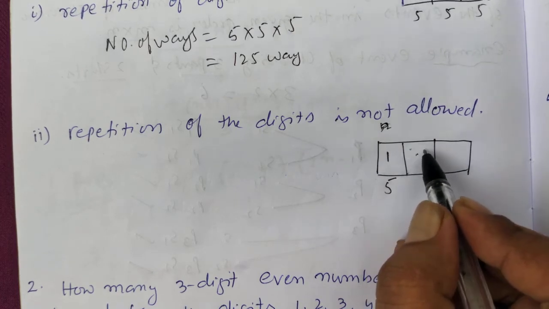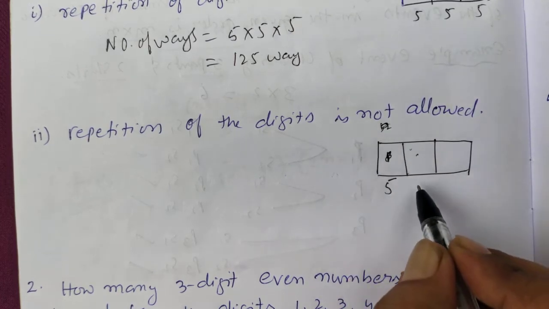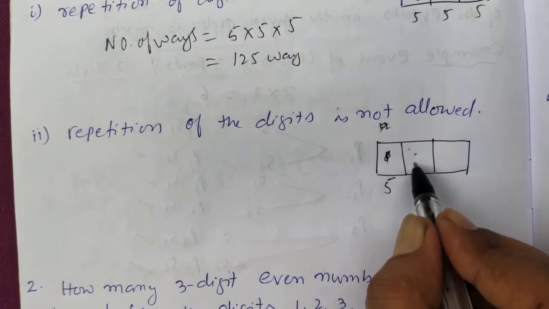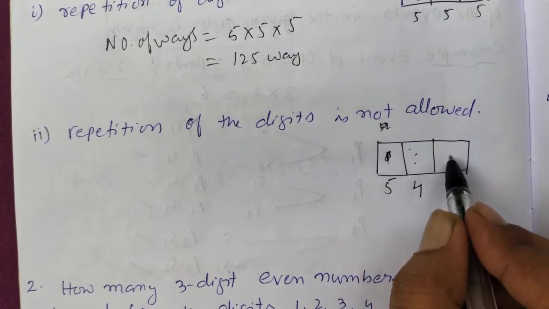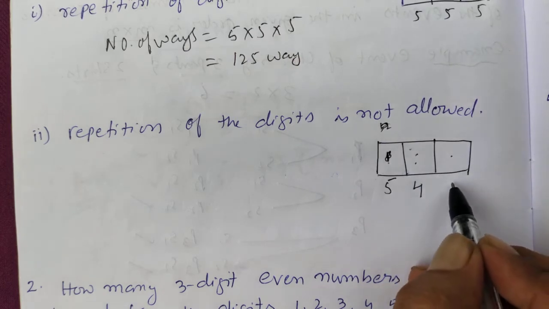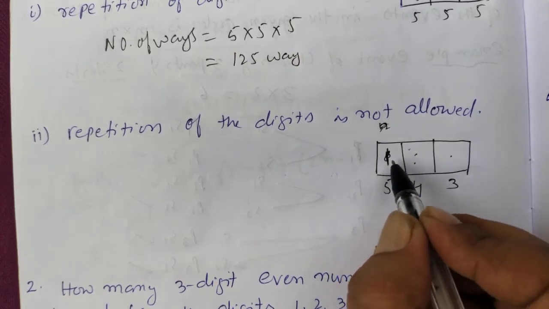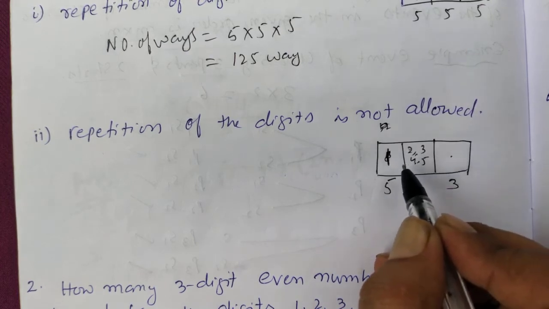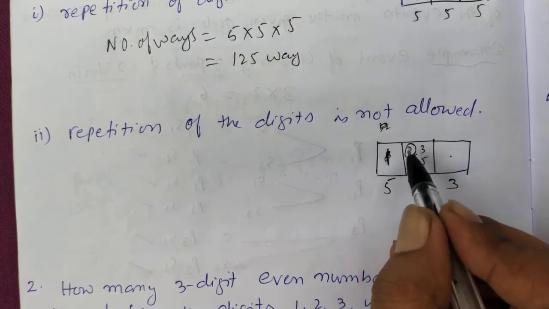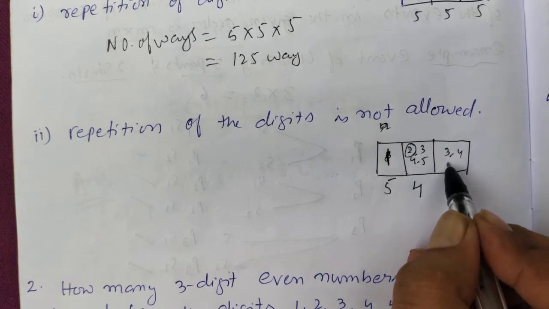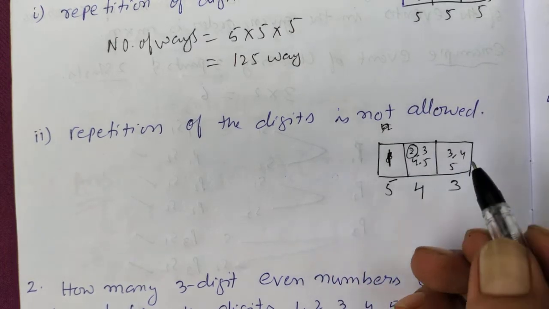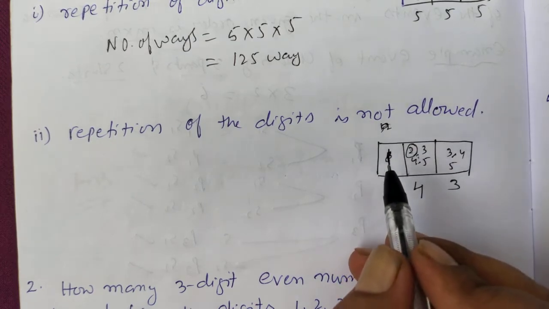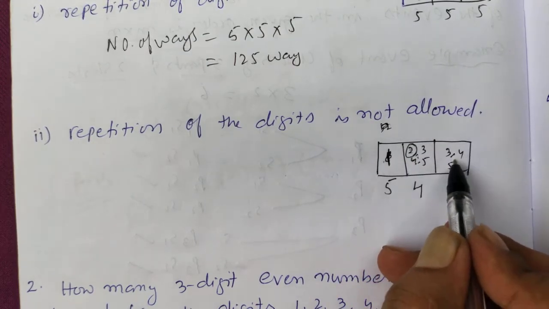I have to use the other 4 numbers, so here we can arrange only 4 digits. Suppose you have used one here and one here, we cannot repeat the digit, so here we have only 3 numbers to use. For example, if I have used 1 here, I can use 2, 3, 4, 5 here. And if I use 2 here, I can use only 3, 4, 5 here, because repetition is not allowed.